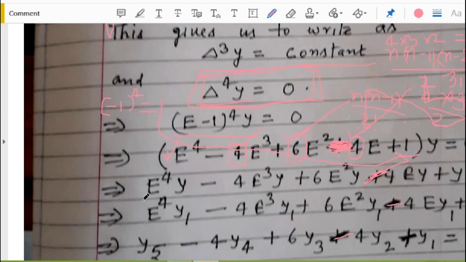Then you look at it, it is operating on the y because these are the operators. The value of this will operate on the y, means on the function, definitely the value of the function. Then y, and there is no operator here.